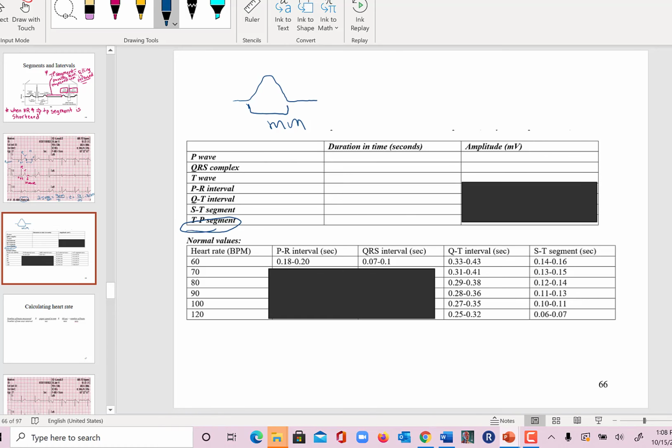You will still use the same equation: velocity equals change in distance over time. Velocity is the paper speed. The distance will be what you measured from the beginning to the end of whatever wave, complex, interval, or segment.